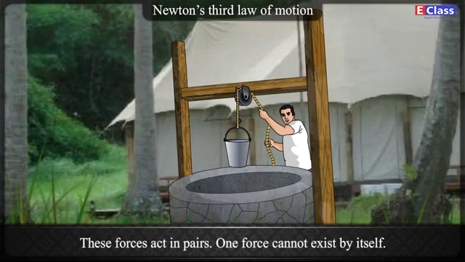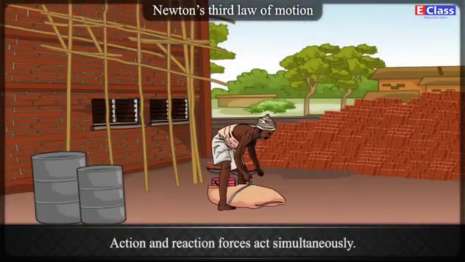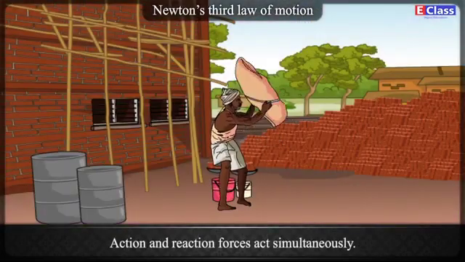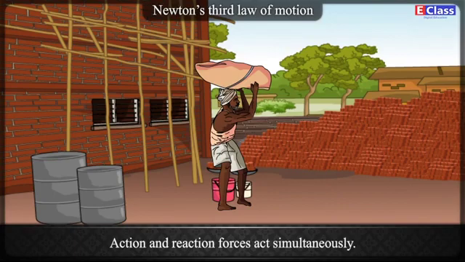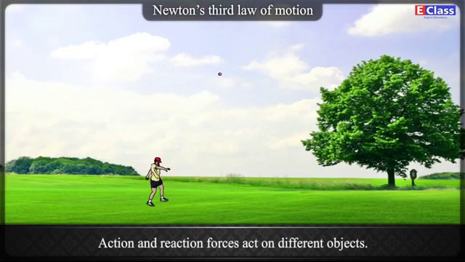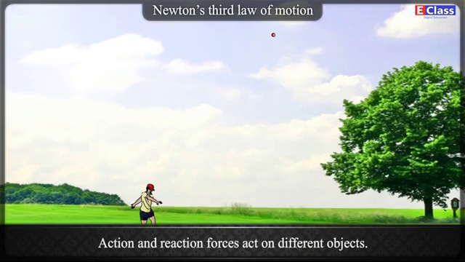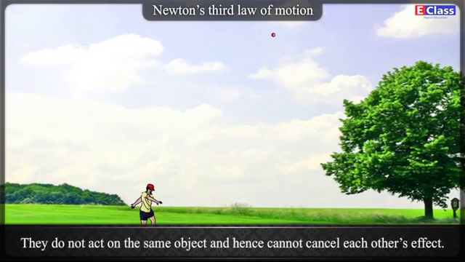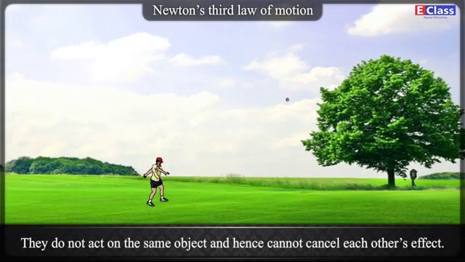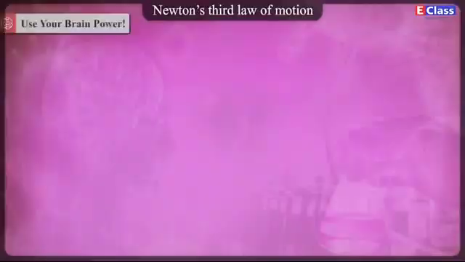These forces act in pairs. One force cannot exist by itself. 3. Action and reaction forces act simultaneously. 4. Action and reaction forces act on different objects. They do not act on the same object and hence cannot cancel each other's effect.